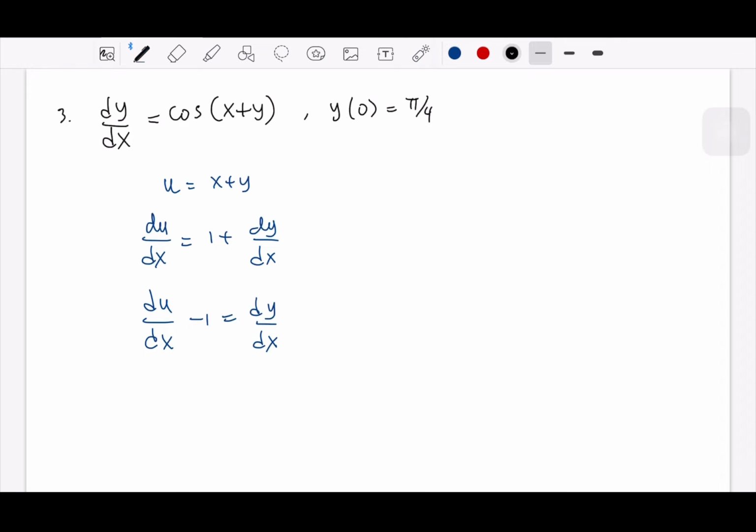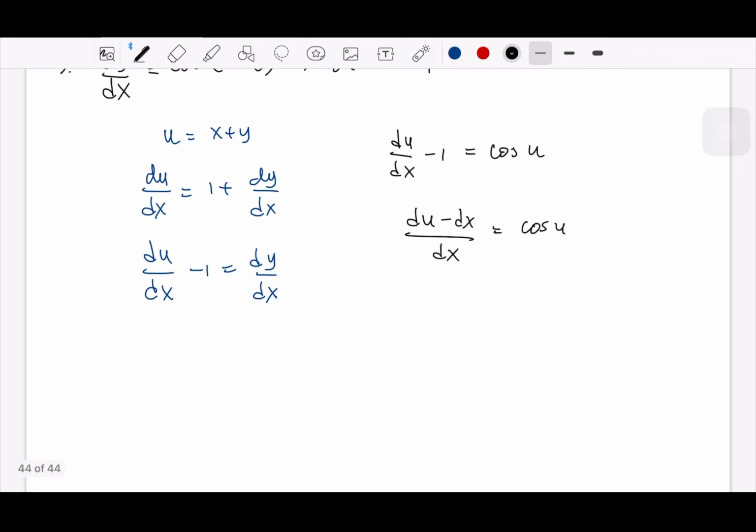So we take this, and we get our dy over dx. So we can move to our proposed equation. So this is cosine u. But it's not done yet. We need to solve this. I think just multiply with dx.